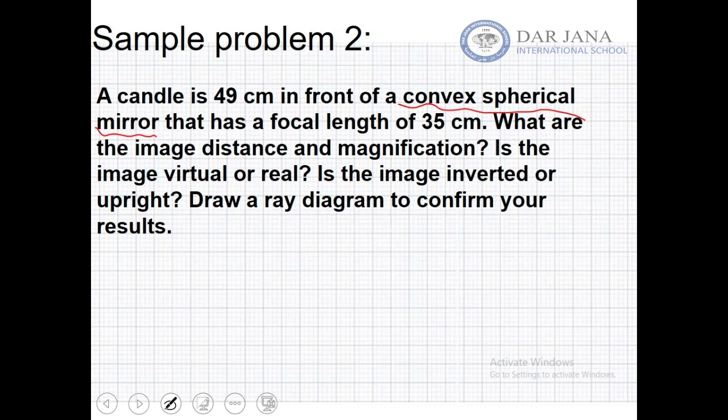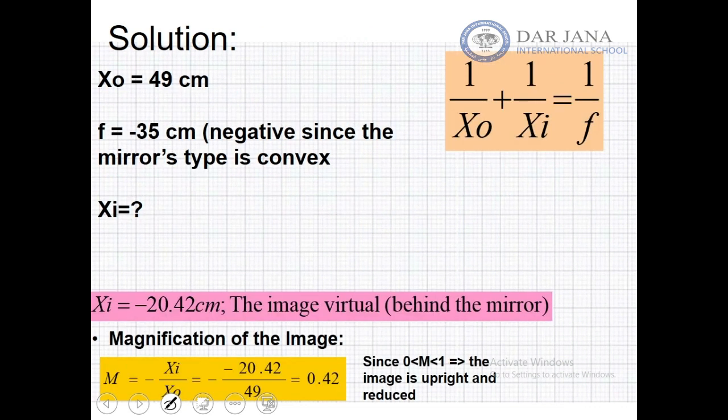Even if it is positive in the given, during calculations we're going to put it as negative. What are the image distance and magnification? Is the image virtual or real? Is the image inverted or upright? And finally, draw a ray diagram to confirm your result.